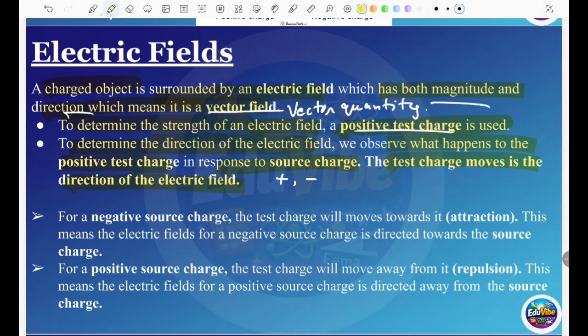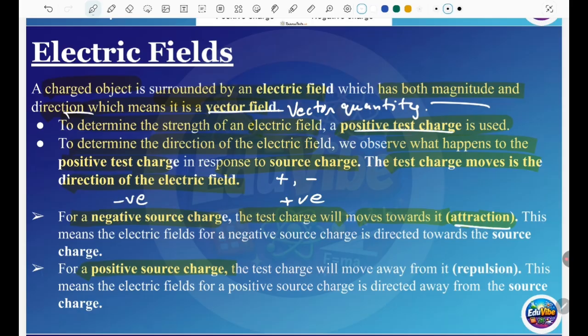As I just told you, there are two types of source charge: a negative source charge and a positive source charge. For a negative source charge, the test charge will move towards it, so it is attraction. The test charge is always positive, so when positive meets negative, it moves towards it.